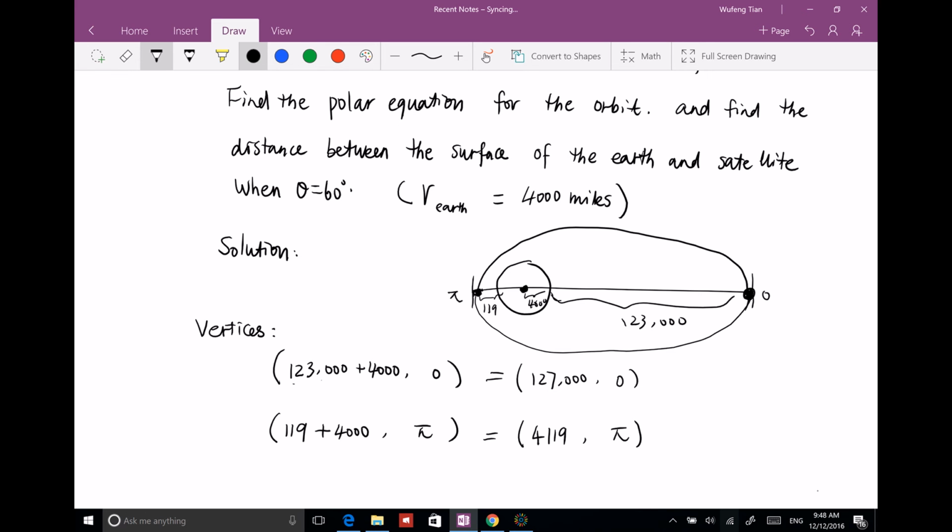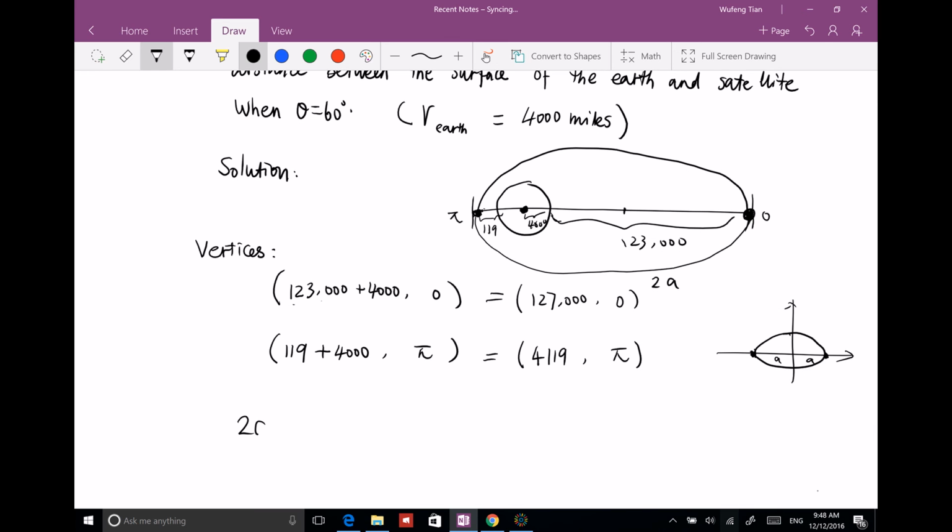Okay, and then the whole distance of the ellipse is what? It is 2a, right? When you graph an ellipse from the left point to the right point, the whole distance is 2a. This is the a, this is the a. What is 2a? Can anyone tell me?